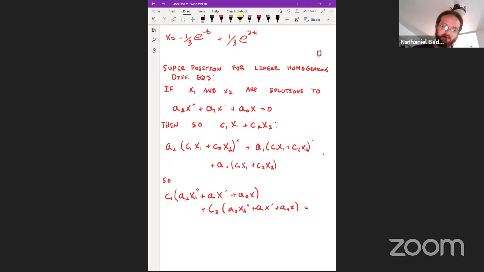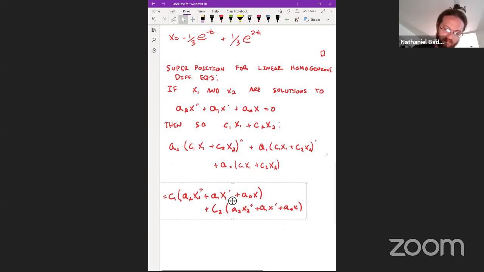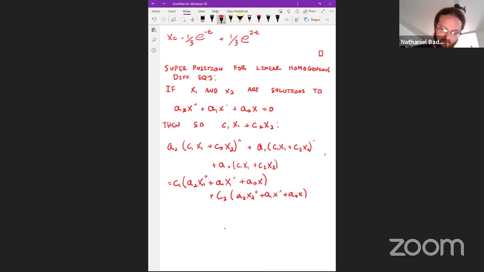Oh, sorry, I can't write that equality, I'm trying to prove that. But by assumption, these are both solutions, so this equals C1 times 0 plus C2 times 0, which is just 0. Great.